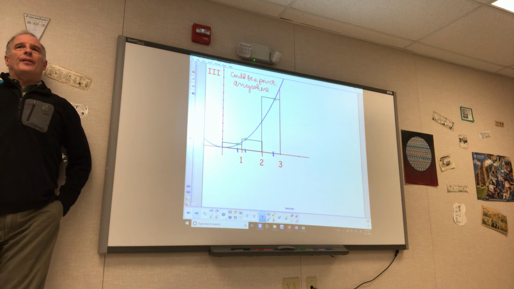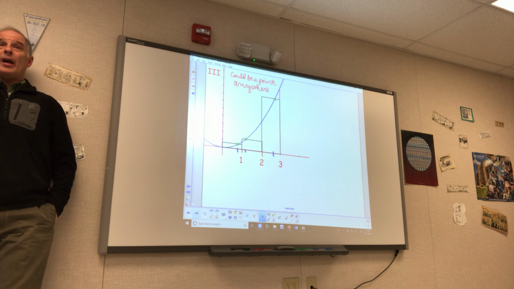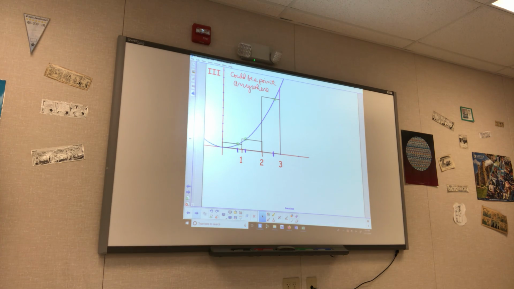So, a variation on a theme. Try this if you're driving home today. Set your trip odometer, where you can say how long you've driven, and measure exactly how far it is home. Then have the passenger, don't do this while you're driving, because you need to pay attention to the road.